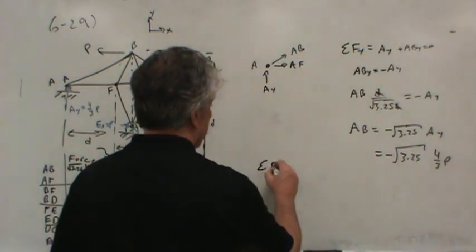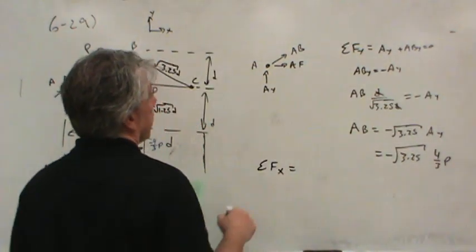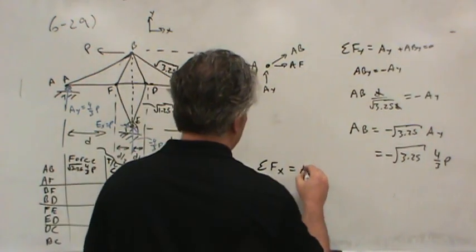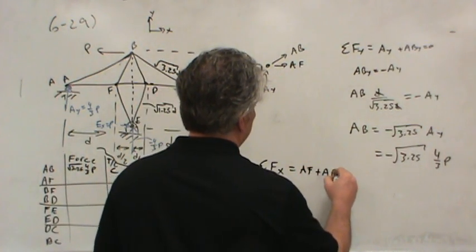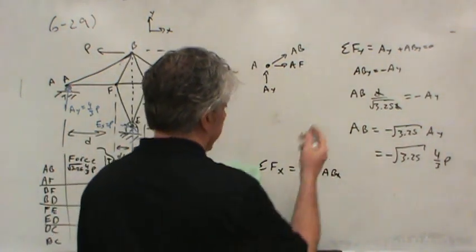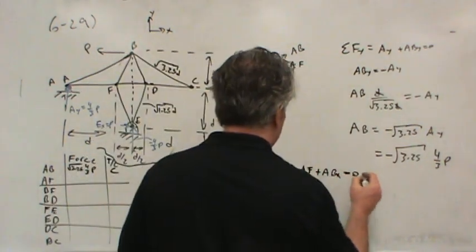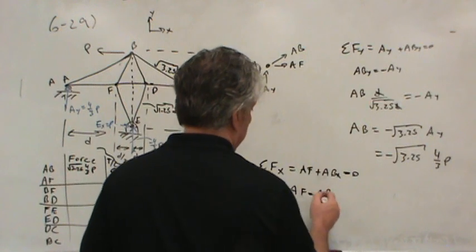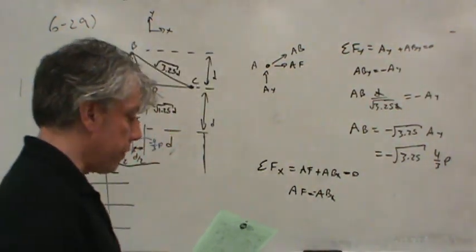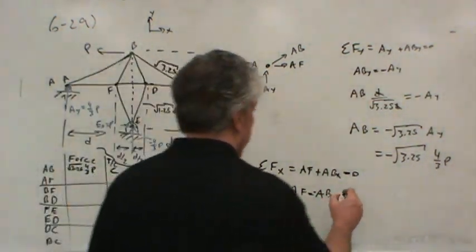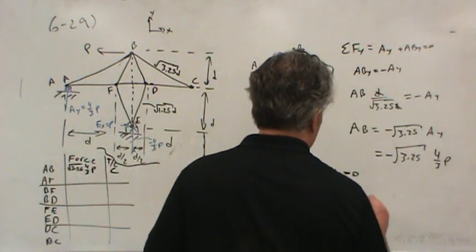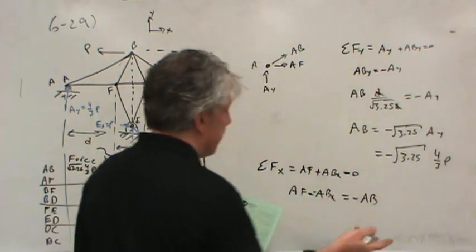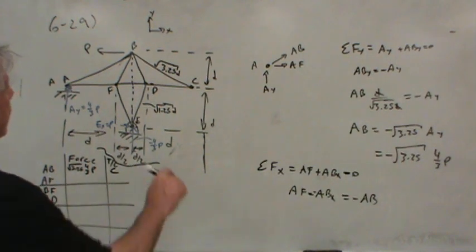Now if we sum forces in the horizontal direction, that should yield AF. In fact, we'd have AF plus ABX, and no AY, of course, equals 0. And so AF will just be the negative of the horizontal component of AB. Now, what do we need to multiply AB by in order to get the horizontal component?